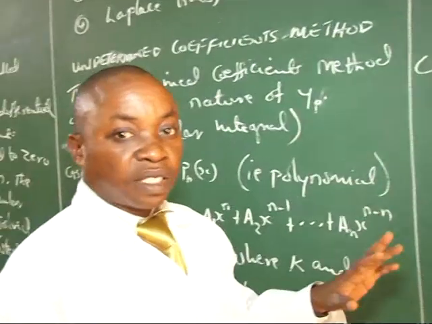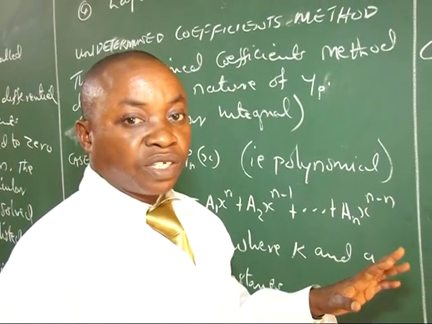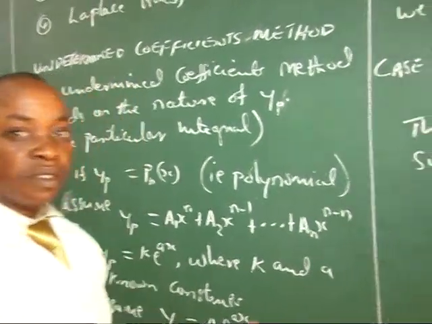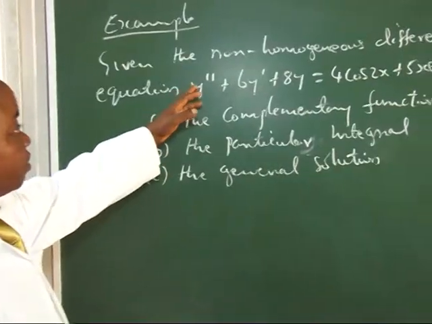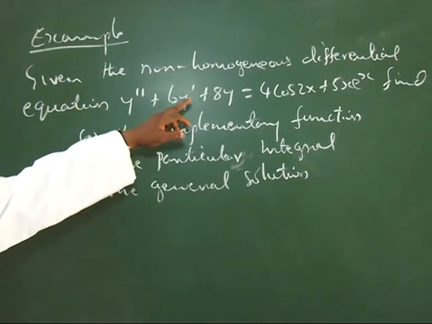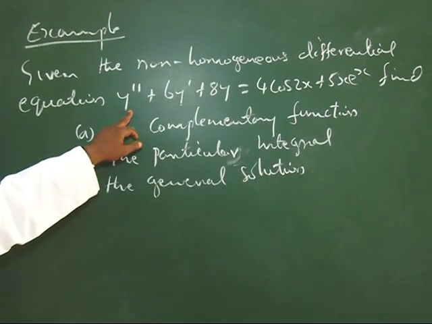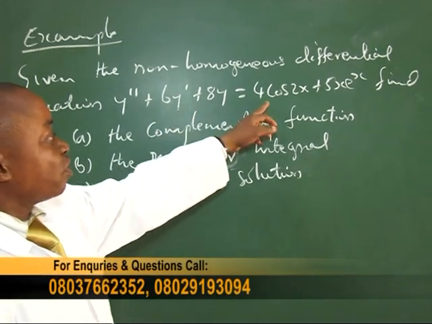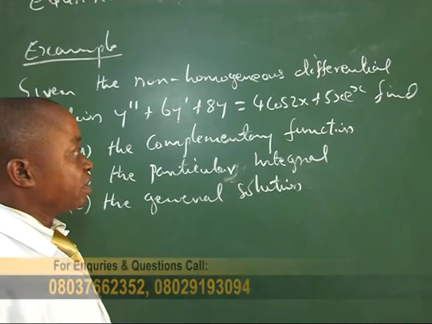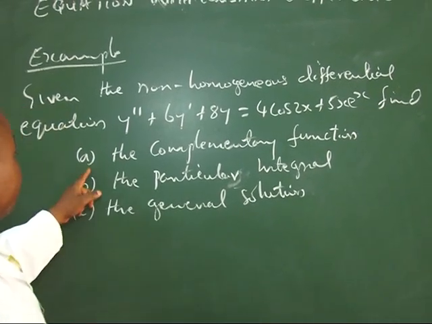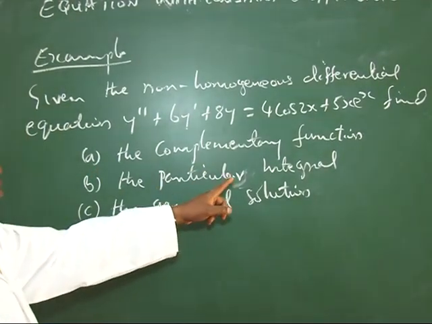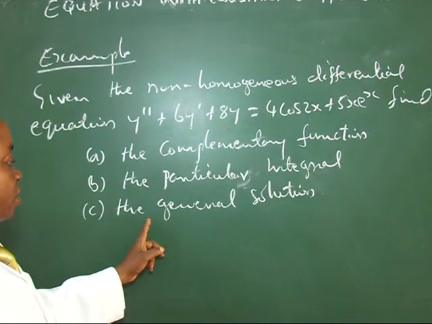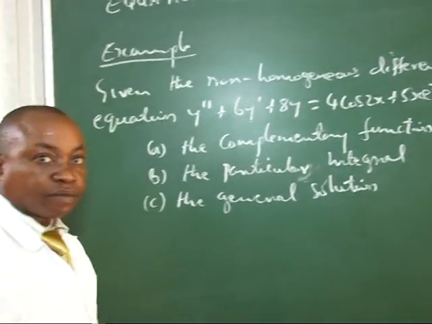Now we are going to take an example so that we can use undetermined coefficients to solve it. Look at this example. Given the non-homogeneous differential equation y double prime plus 6y prime plus 8y is equal to 4 cos 2x plus 5x exponential x. Find A, the complementary function, B, the particular integral, C, the general solution.